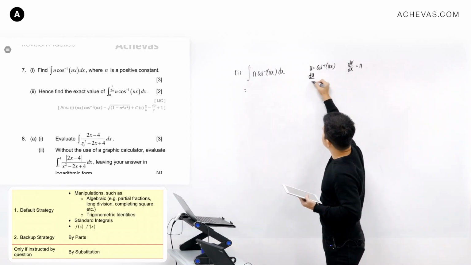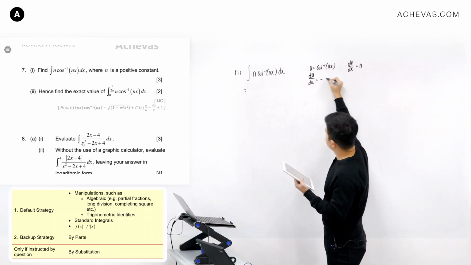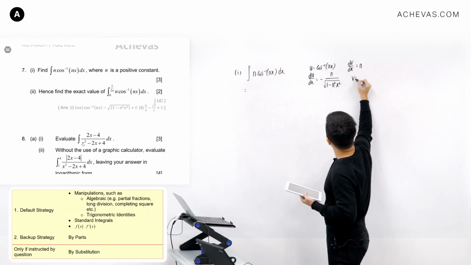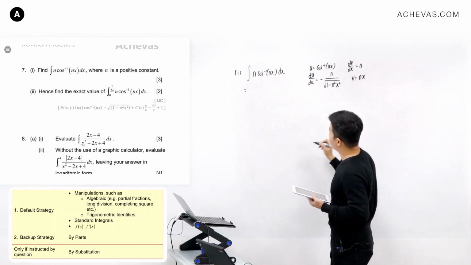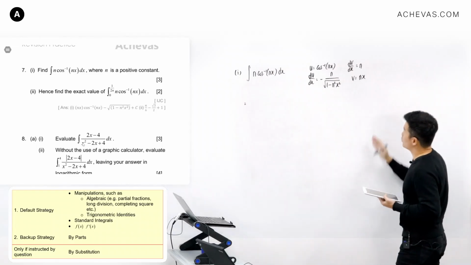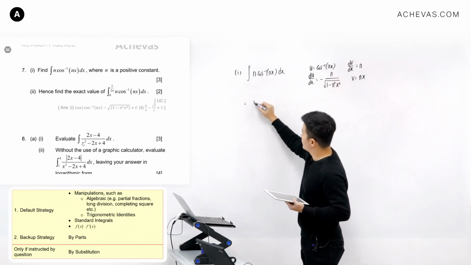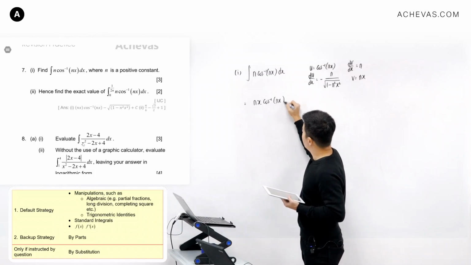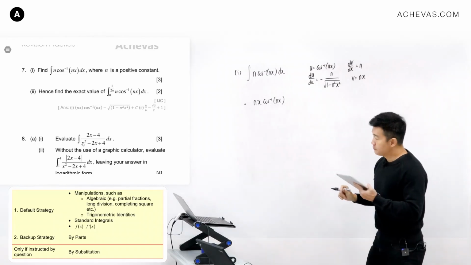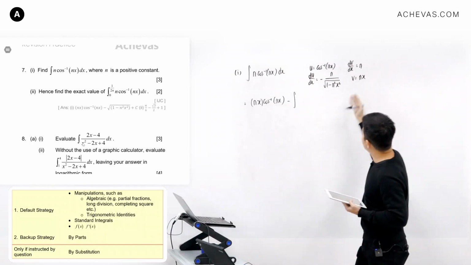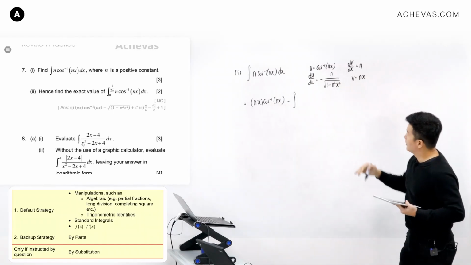So du/dx is going to be minus n over square root of 1 minus n square x square, and v is going to be equal to nx. So this is going to be re-expressed into uv, so we have nx cosine inverse of nx, minus away the integration of this multiplied by this.